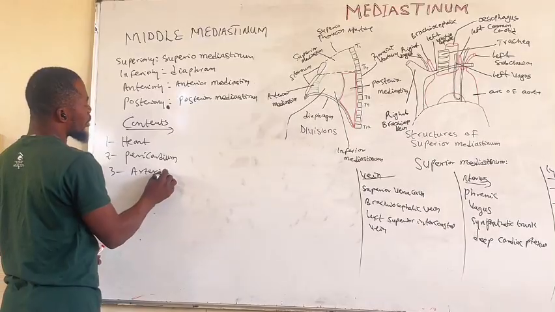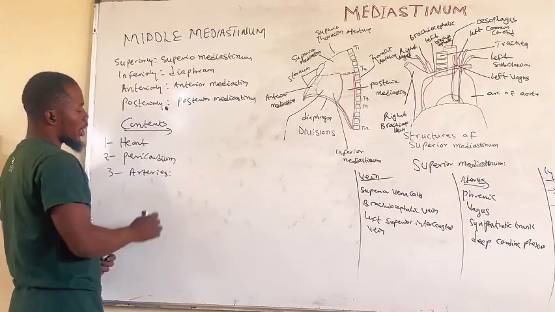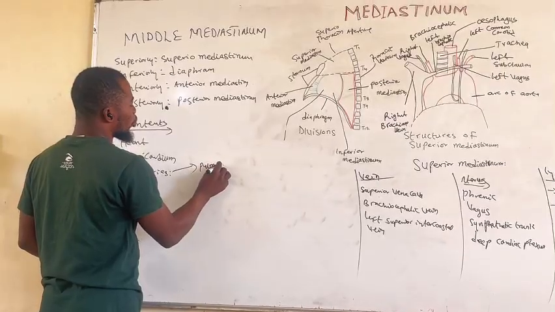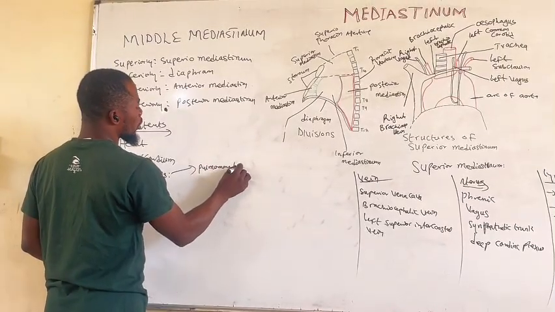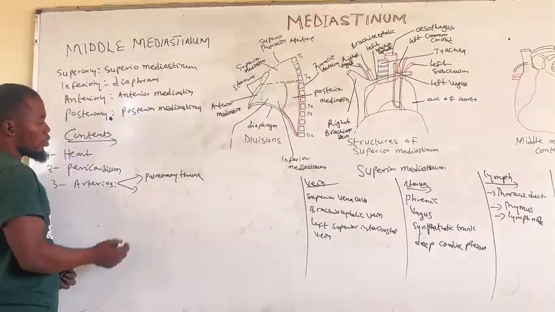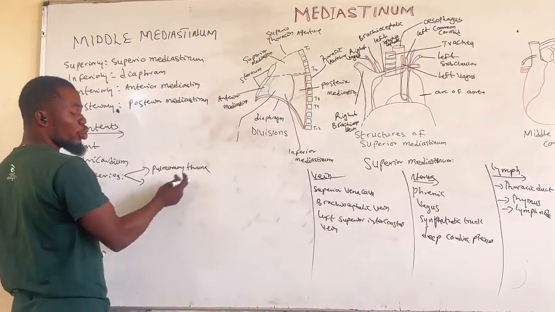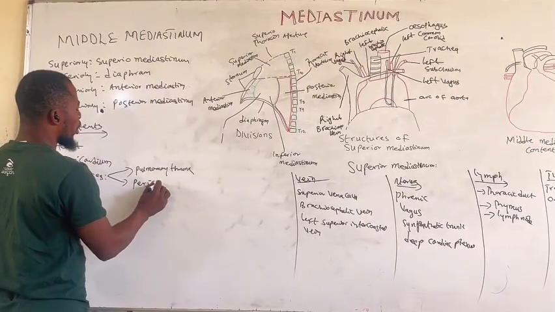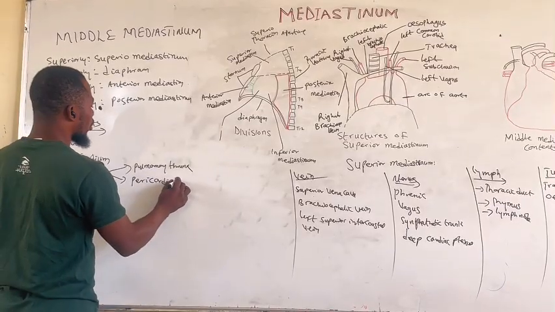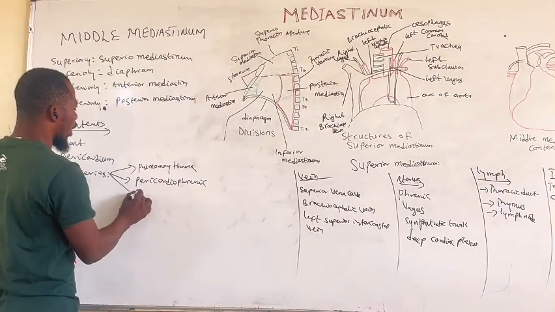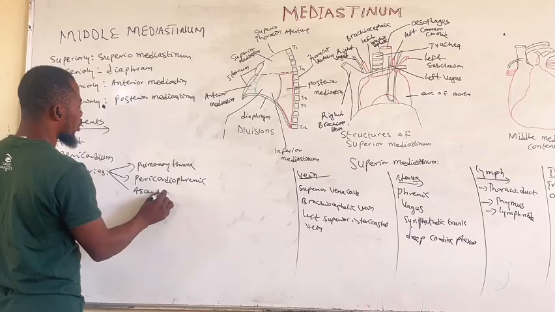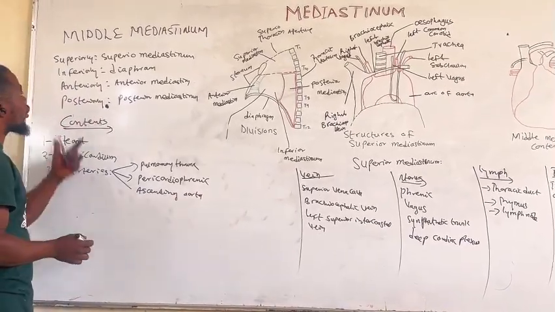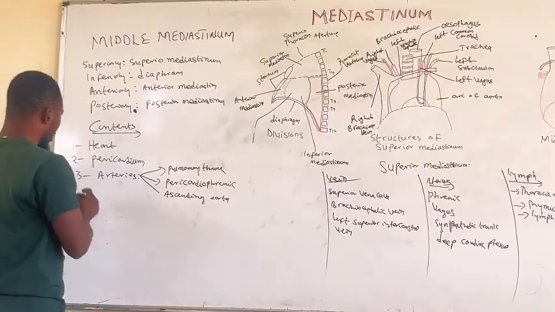There are different types of arteries, like the pulmonary trunk, which gives rise to the pulmonary arteries. There is also the pericardiophrenic artery and the ascending aorta. These are the arteries that are in the middle mediastinum.